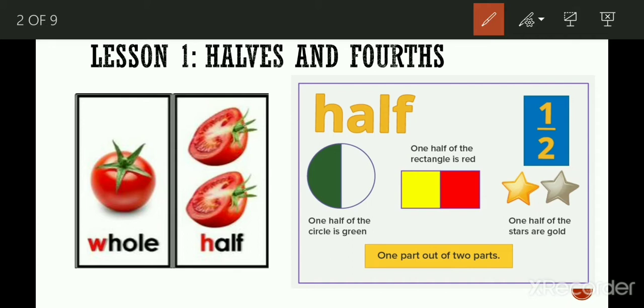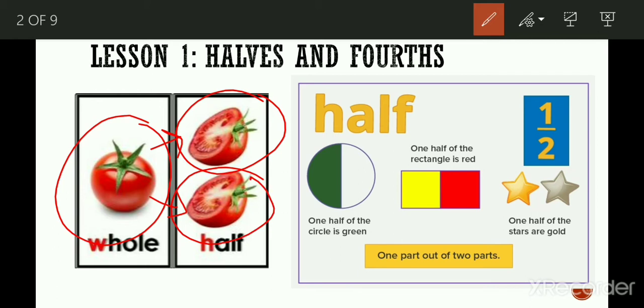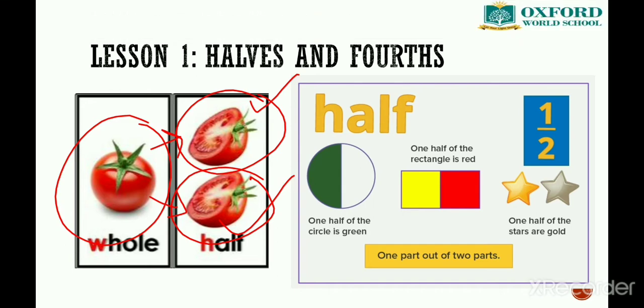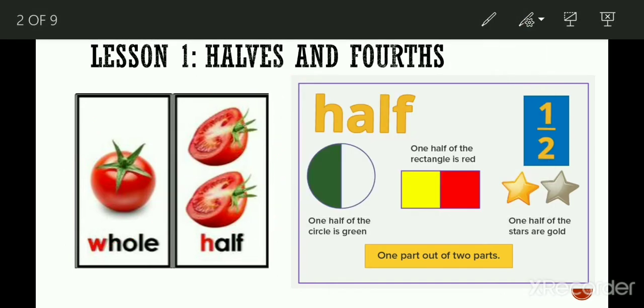Repeating for you, just like this tomato which is a whole, when we divide a whole into two equal parts, see here I have divided it into two equal parts, then this part and this part, each part is called a half. Now let me just circle it, half.